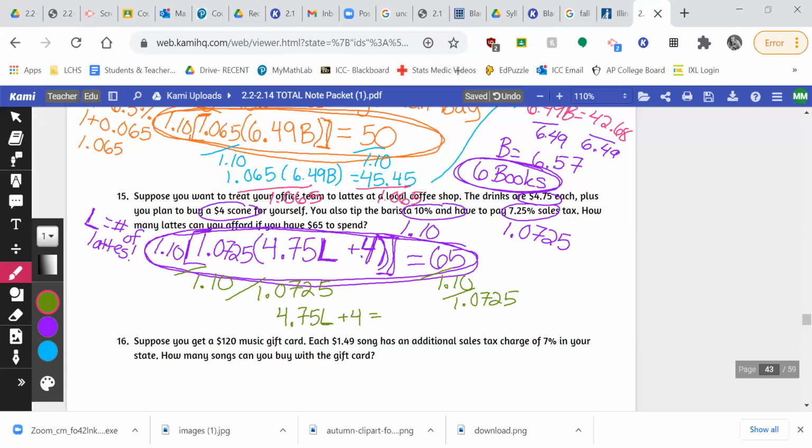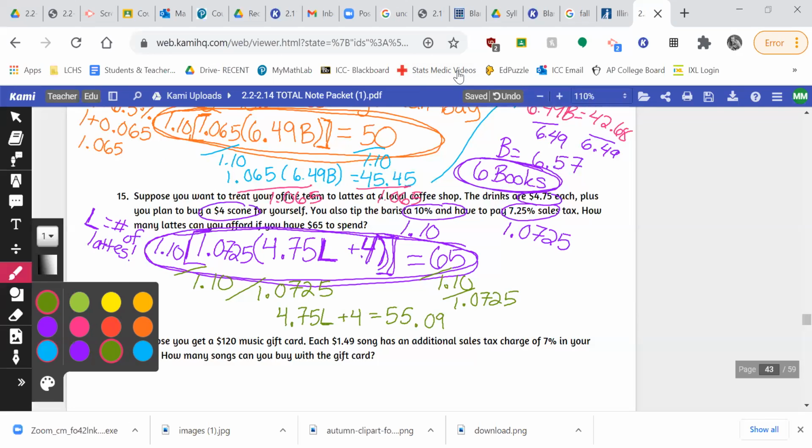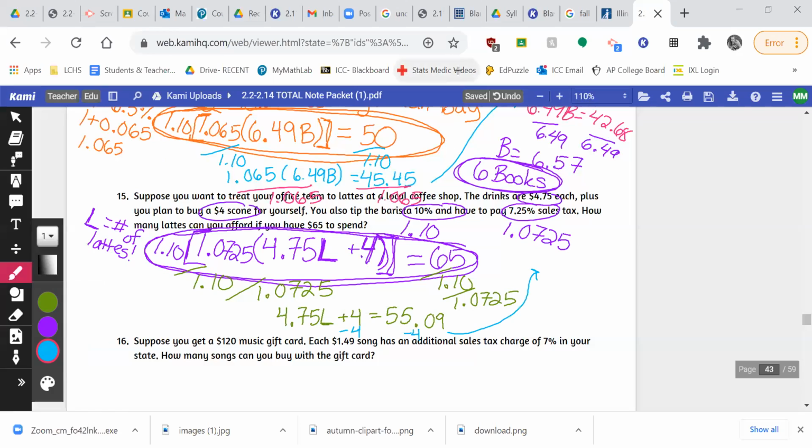After I divided by both of those, I have 55.09. Next, subtract 4. So 4.75L equals 51.09.